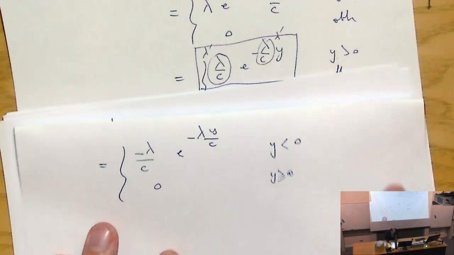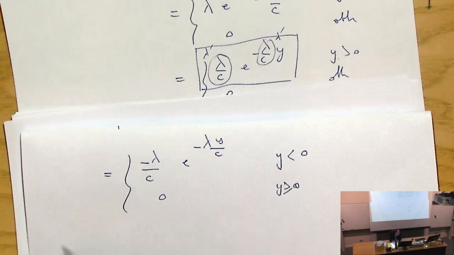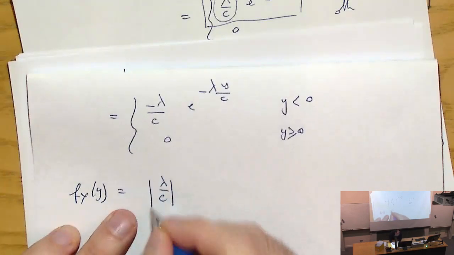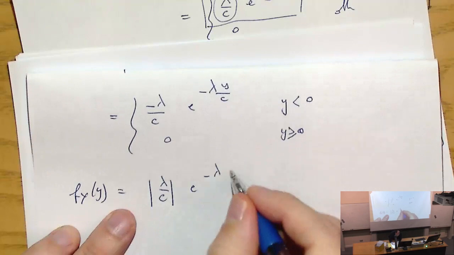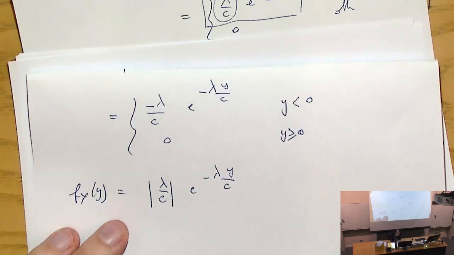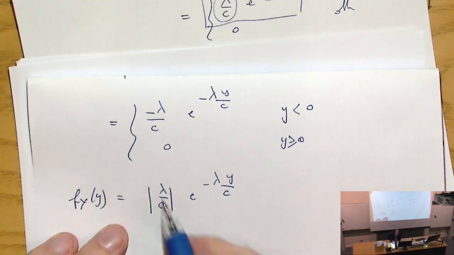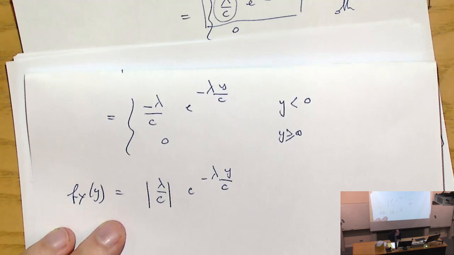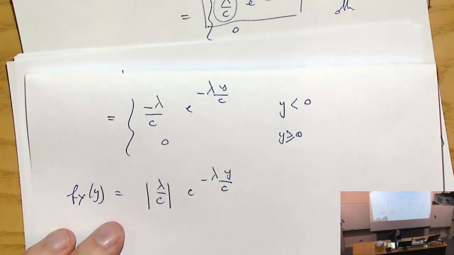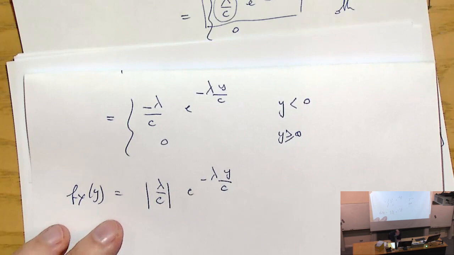So in general, the solution here, whether c is positive or negative, what you write is lambda over c, you take the absolute value, exponential minus lambda y over c. So this is what you can see, and this is actually the form that you can obtain if you actually compute this PDF more generally.